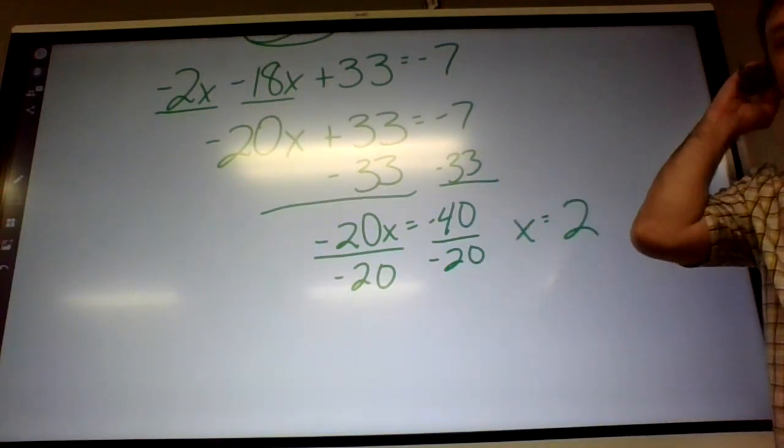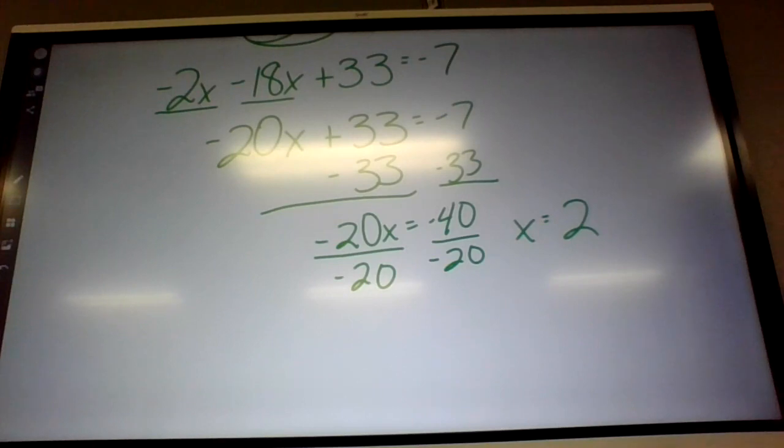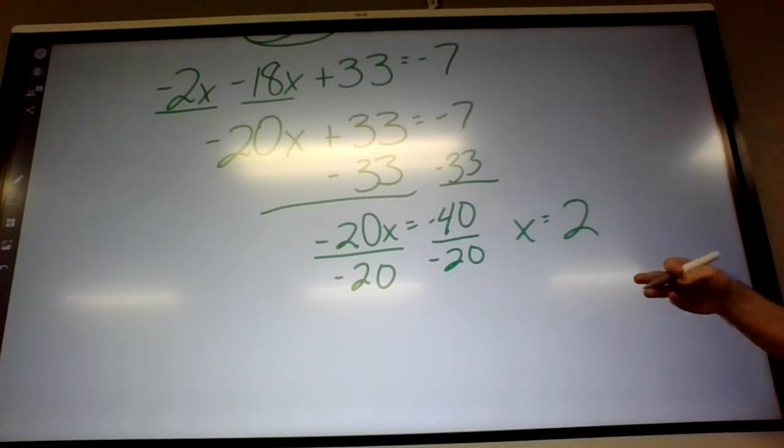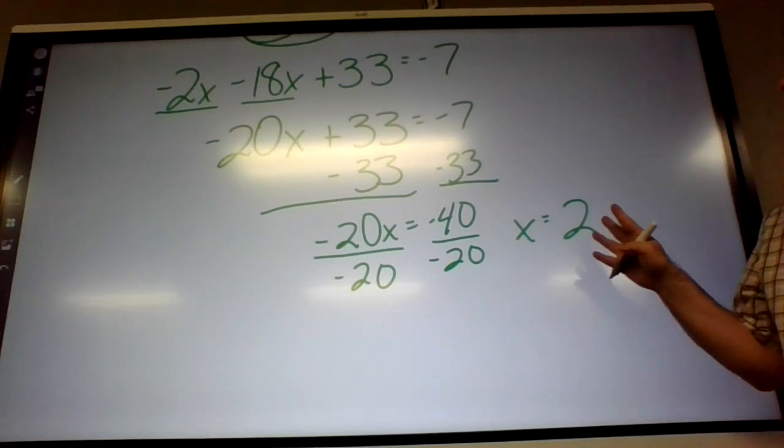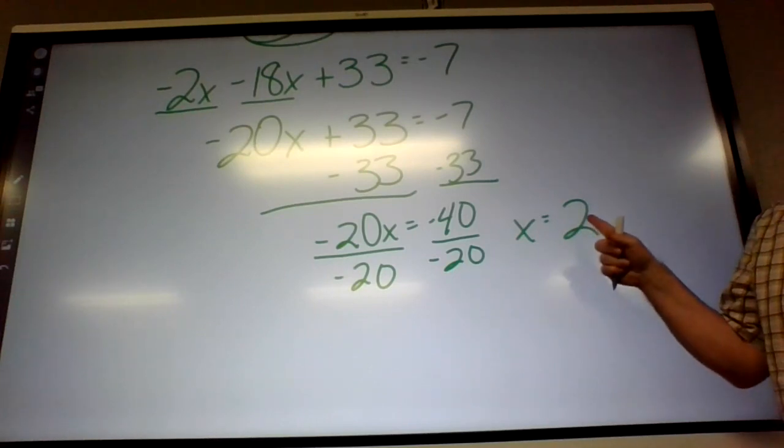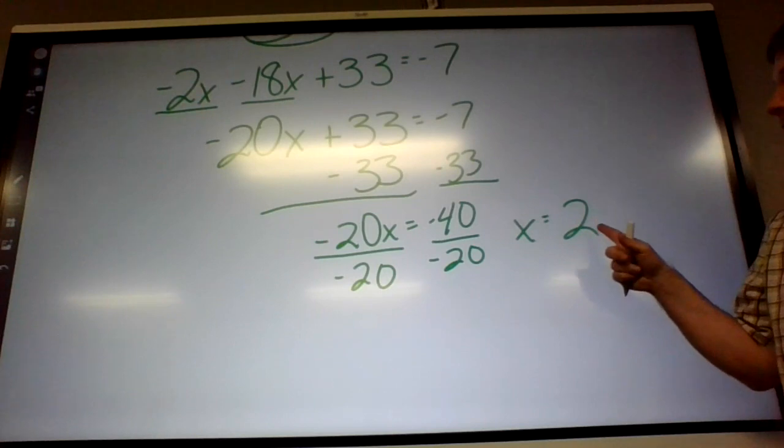Here's a very big hint for today's assignment. If you get a fraction, you did it wrong. Not that you can't get fractions on these problems, they just set this worksheet up that way. Probably on the chapter review there's a fraction or two, I don't remember honestly, but when you do Algebra 2 there will be some fractions, but they're a little bit nice to us. No fractions, it could be negative.